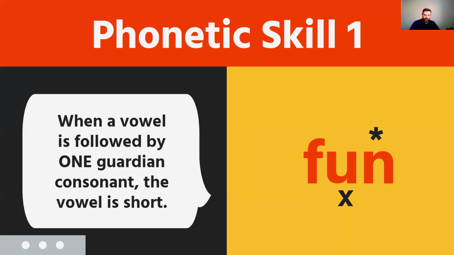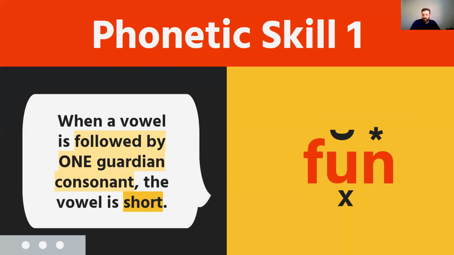So if we follow our instructions here, when a vowel is followed by one guardian consonant, then the vowel will be short. This tells us that the vowel in this word will be a short U, which we know is uh. So we can mark that vowel with this little breve sound symbol.